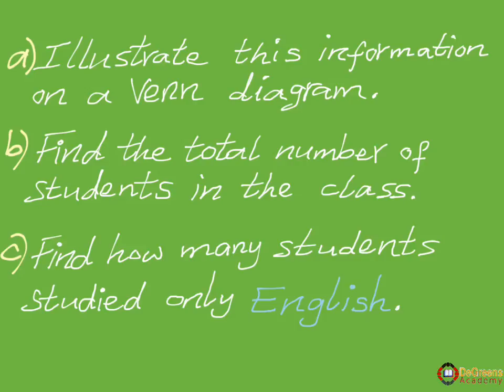So you look at this problem carefully, following what we have done in that example 4, and attempt it. Draw the Venn diagram, and using that Venn diagram, find the total number of students in the class, and also find how many students studied only English.